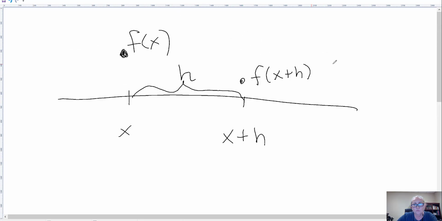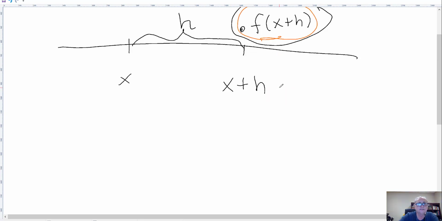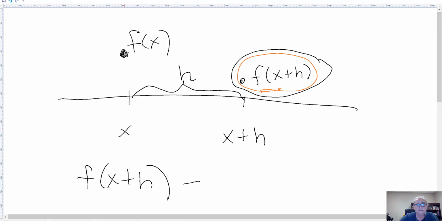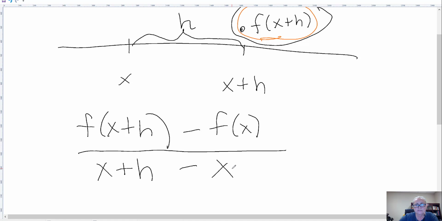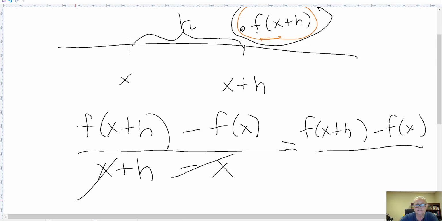This is our second y, so it's f of x plus h minus our first y, f of x. Our second x was at x plus h, minus our first x, which was x. So we have a numerator of f of x plus h minus f of x, and down here the x's cancel out, so it's over h.